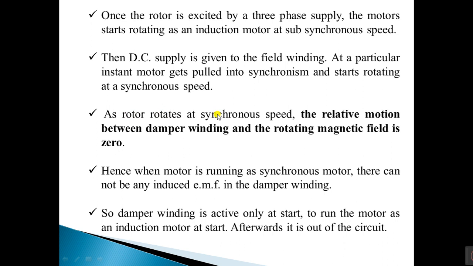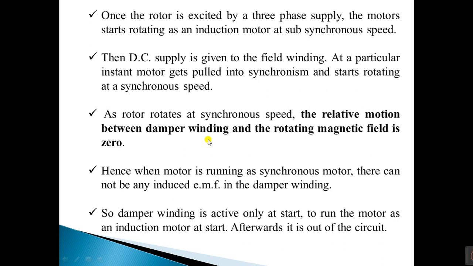As the rotor rotates at synchronous speed, the relative motion between the damper winding and the rotating magnetic field becomes zero. Hence, when the motor is running at synchronous speed, there cannot be any induced EMF in the damper winding. Once it comes to complete synchronous speed, there is no need for induced EMF in the damper winding.